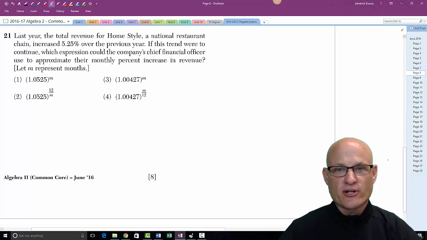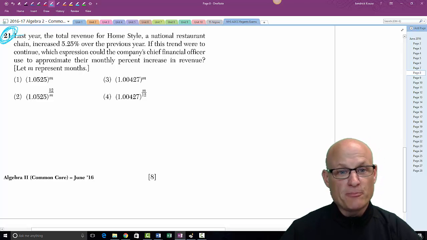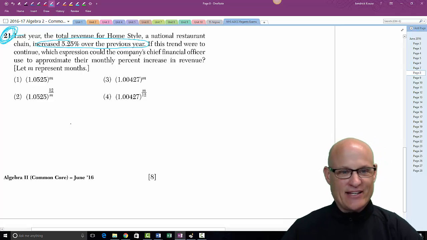Now, of all the tricky questions, this was by far the hardest question. Most people got this wrong. Most people did. Most people are going to pick, they say, okay, we've got, let's see, what is this? We're increasing by 5.25% over the previous year. So most kids said, okay, I'm going to do it like this.